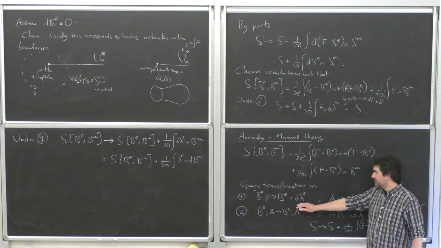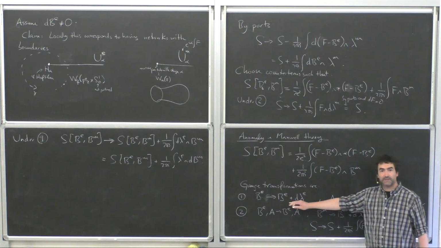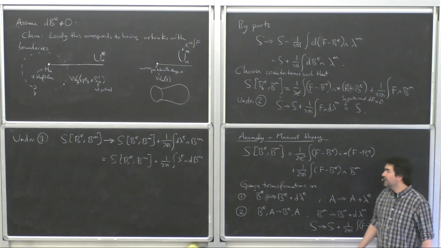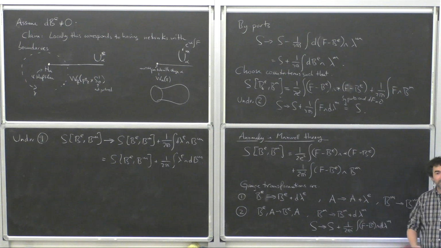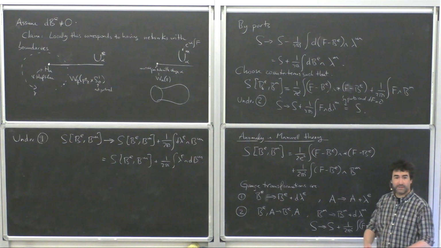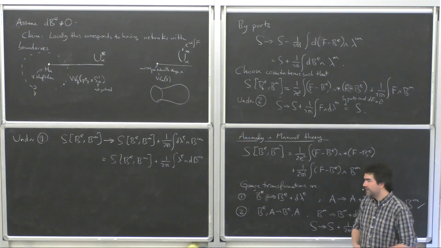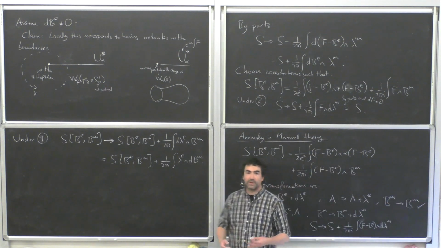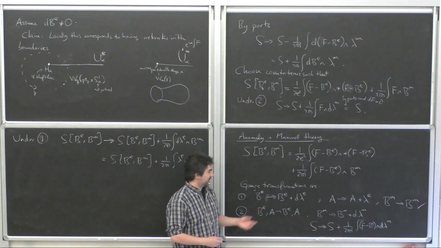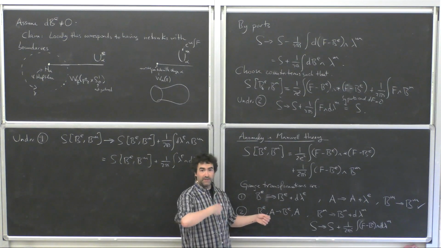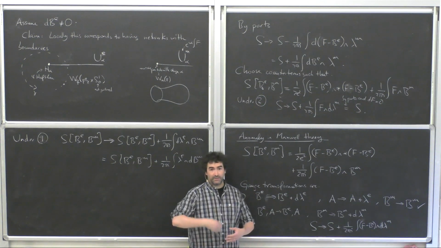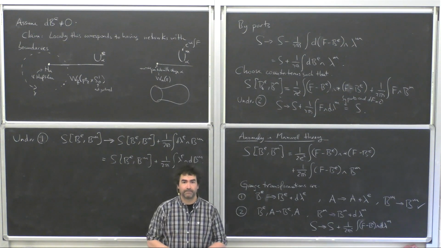I have no reason for expecting that this has to hold. So this is the point I was trying to make before. A 't Hooft anomaly is nothing sick with the theory. The fact that the theory is not invariant under this transformation is in some sense almost a virtue. It tells us information about the theory. If I were to try to gauge this, meaning summing over backgrounds, then this would be a real problem because when you do the path integral, you want to have gauge invariance, otherwise the sum tends to get 0.